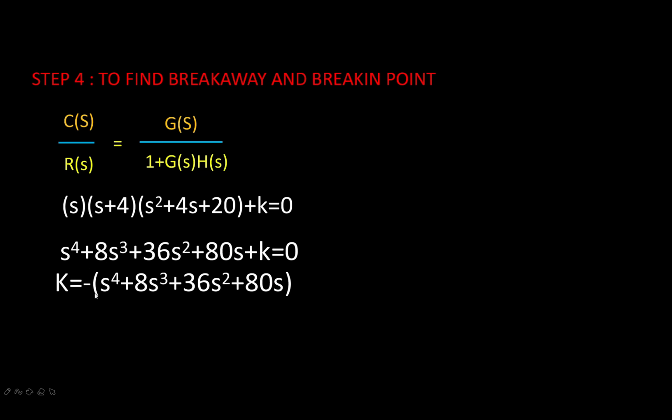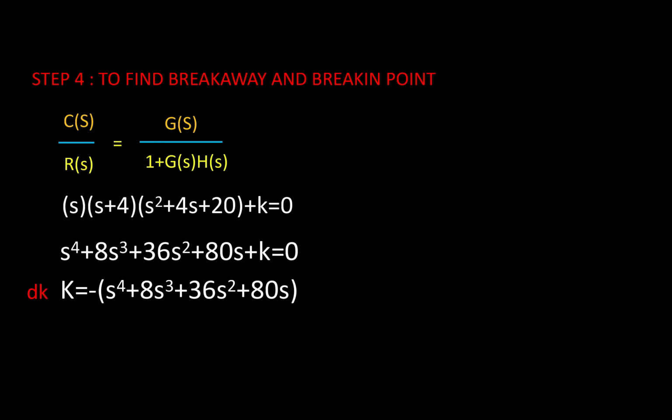So k is equal to minus s power 4 minus 8s cube minus 36s square minus 80s. The negative is common, so we have taken that outside. On differentiating this, dk by ds, and then equating it to 0, you need to find the solution for the s value. Then we'll say which is the breakaway point and which is the break-in point.